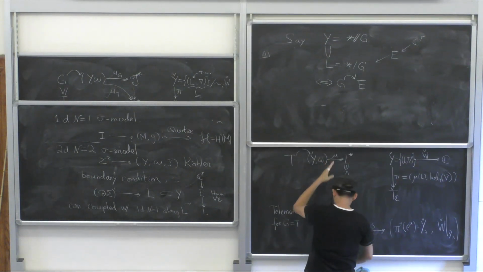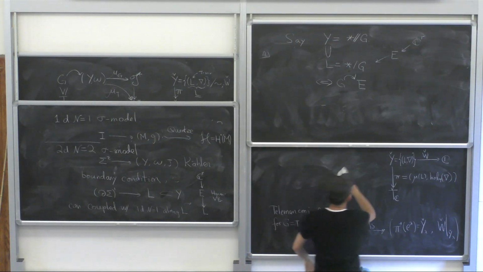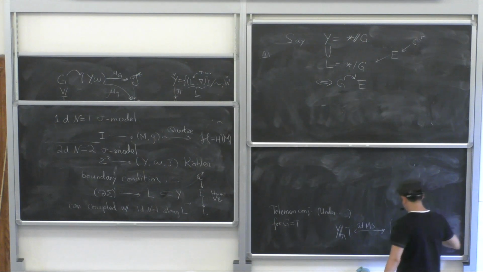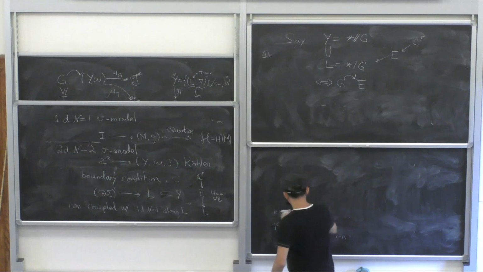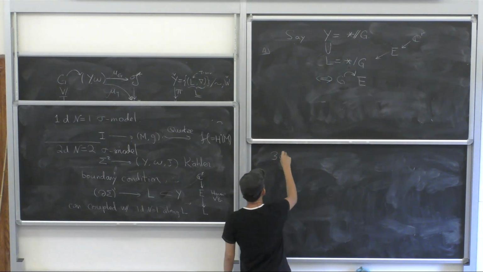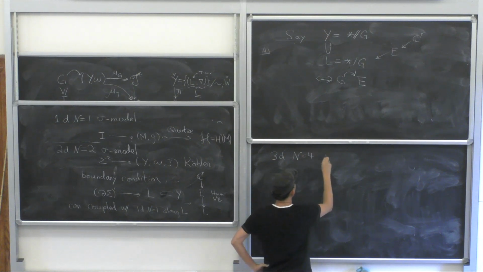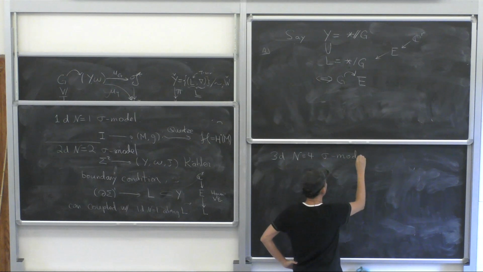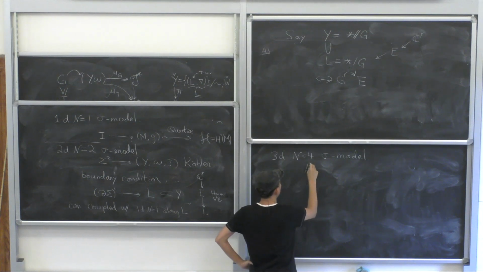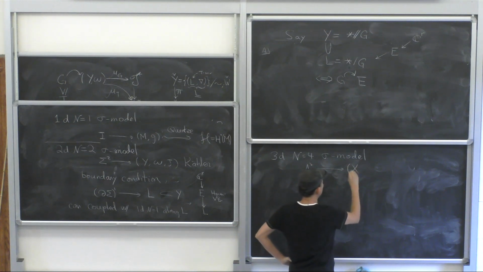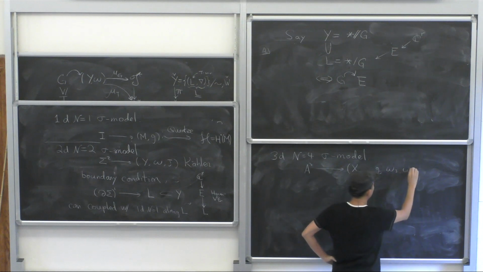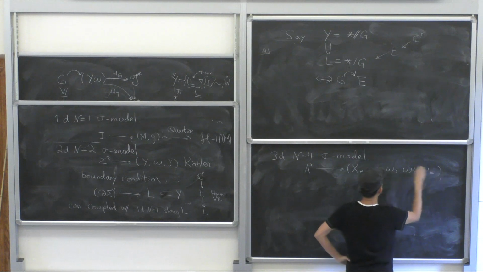So you can look at this as a boundary condition in a stacky setting. Okay, so now if you are in 3D, then we may look at a 3-manifold mapping to, let's say, a hyperkähler manifold with a metric and omega I, J, K and so on, and complex structures I, J, K if you like.